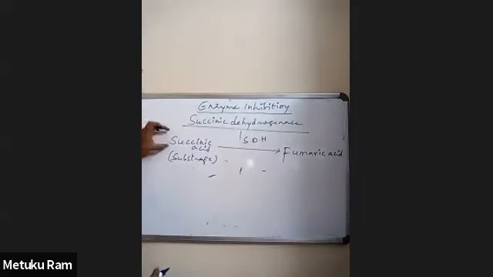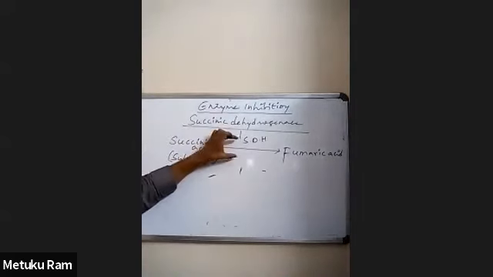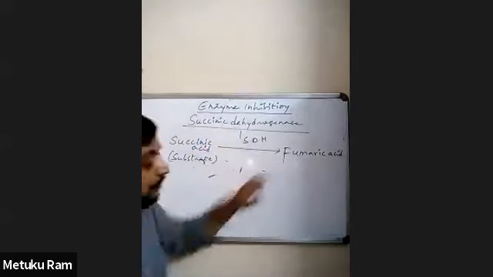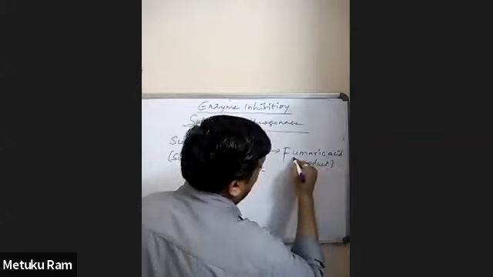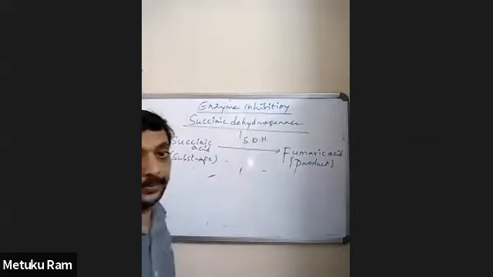So here succinic acid is the substrate, this is the enzyme, and fumaric acid is the product of this reaction.